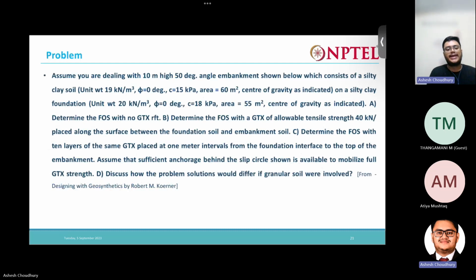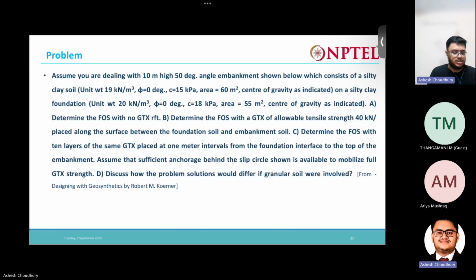Assume that sufficient anchorage behind the slip circle is available to mobilize the full geotextile strength. Discuss how the problem solution would differ if granular soil were involved.